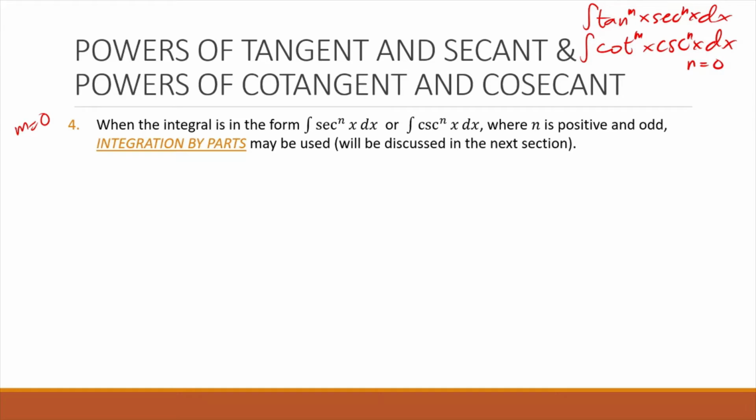So, we do not actually recommend using reduction formulas because, again, they are shortcuts and they take away the analysis na part of solving integrals. And yung analysis kasi, it's an essential discipline that you need to develop from solving math problems.